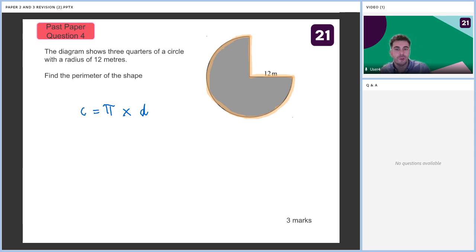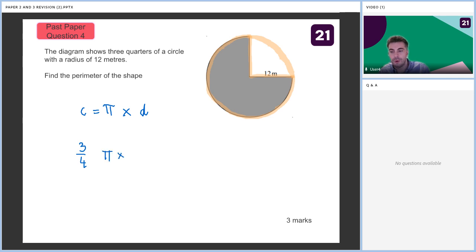That will involve this curved part here as well that I don't want. That's why it's really important that we understand that this diagram represents only 3/4 of a circle, not a full circle. So to work out the distance around the curved part of this shape, we want to find 3/4 of the circumference.